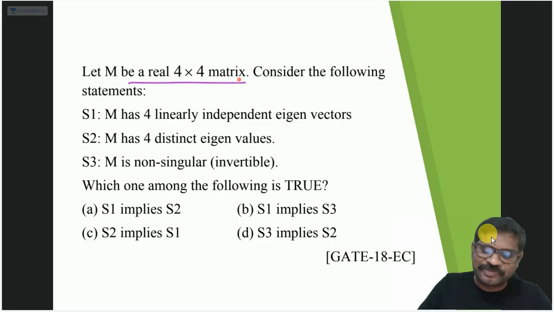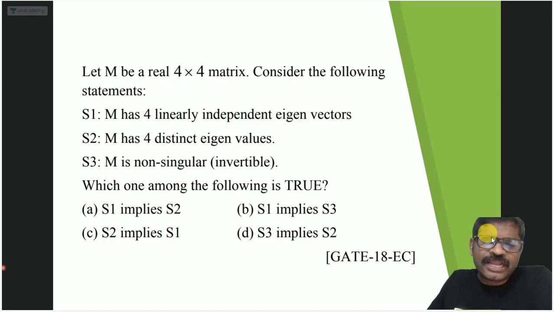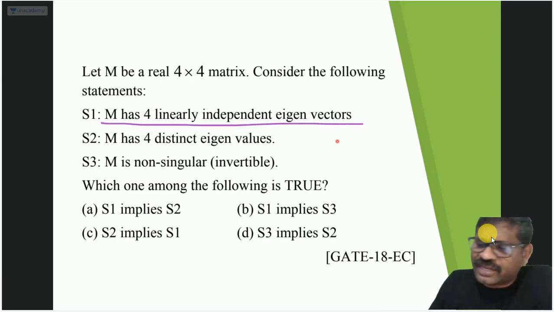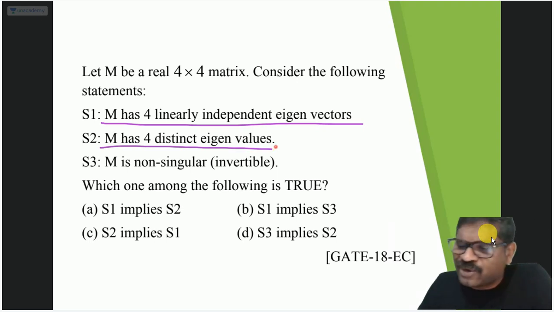Observe. If the matrix has 4 independent eigenvectors, can you give the guarantee that it has 4 distinct eigenvalues? It is not necessarily true. If you have 3 independent eigenvectors, can you guarantee that all 3 eigenvalues are distinct?